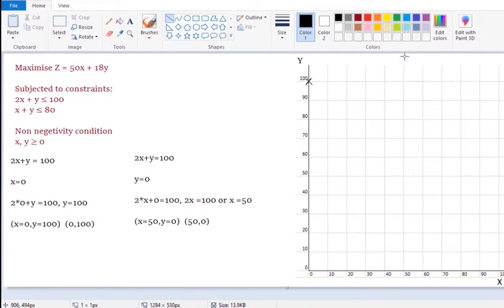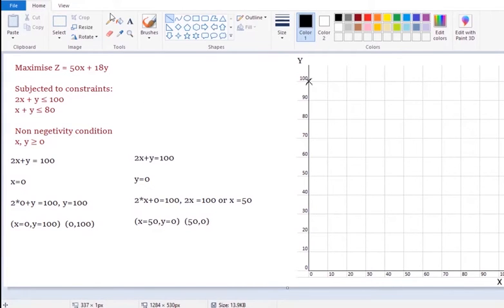So this entire line will be x equal to 50. So x equal to 50 means it comes here, and y equal to 0 means here. So x equal to 50, y equal to 0 means it is this point.